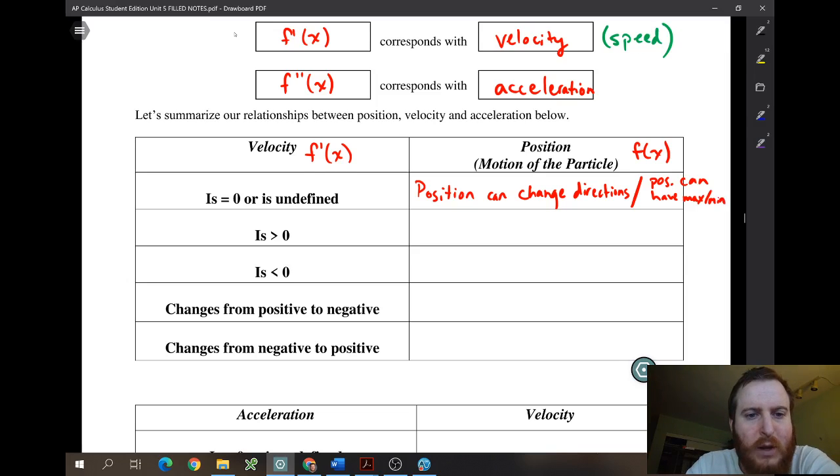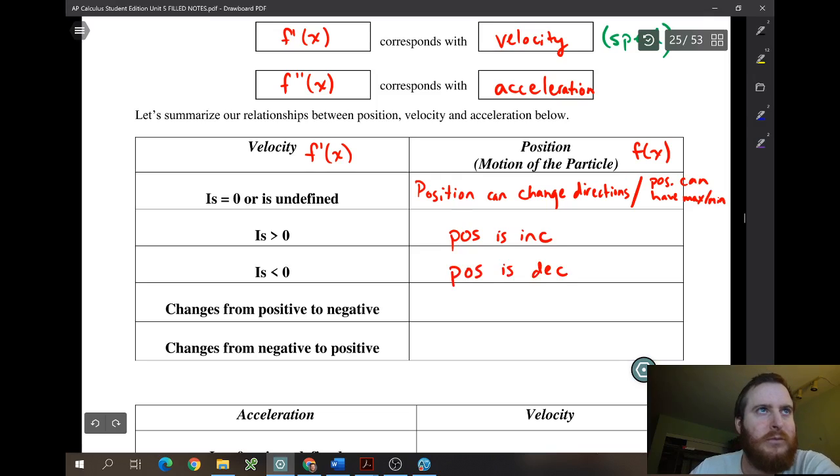When f prime of x was positive, that meant that f of x was increasing. So this means here, when the velocity is positive, that means that the position is increasing. And when velocity is negative, that means that our position is decreasing.